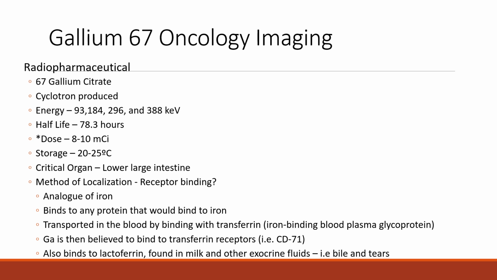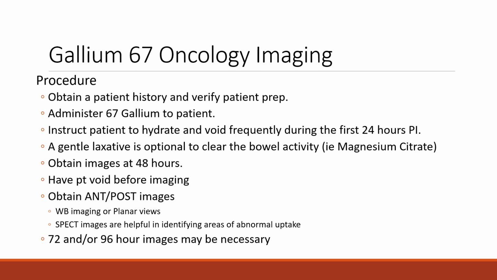It's believed to bind to the transferrin receptors on the surface of certain types of cells, and those are overexpressed in those types of cancers that we're able to see. So it also binds to lactoferrin, and it binds to any protein that would bind to iron, and so localizes in certain kinds of cancers that way.